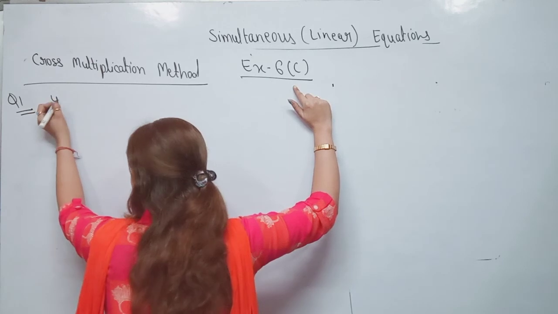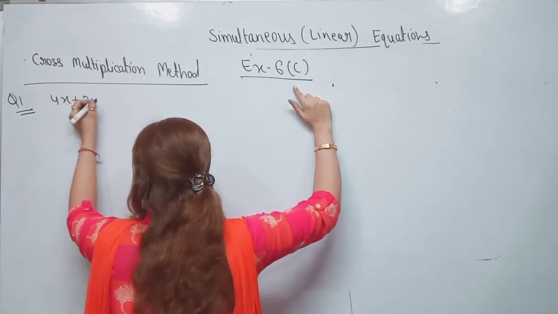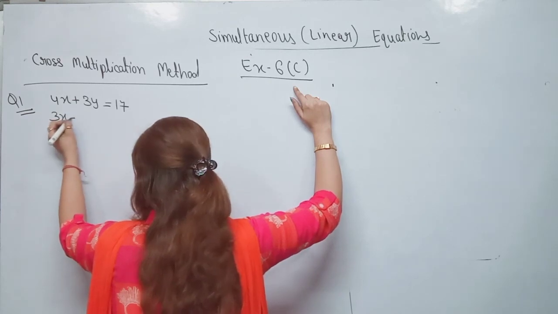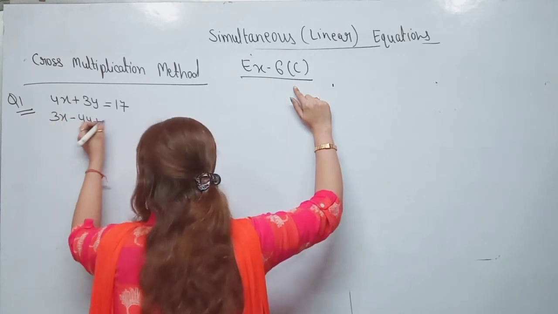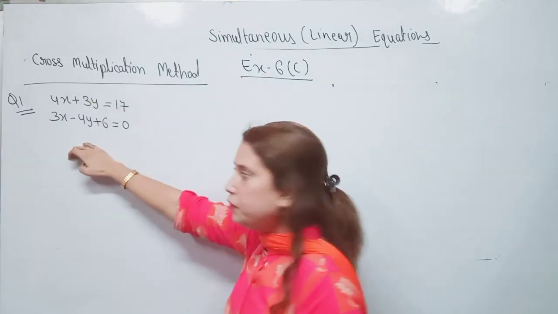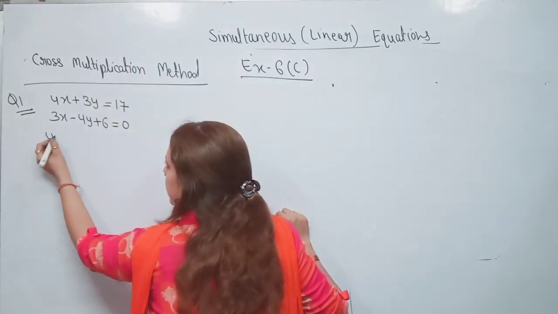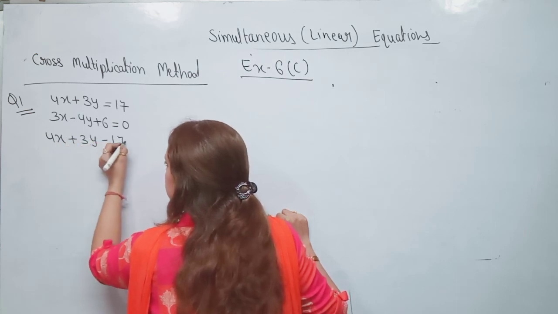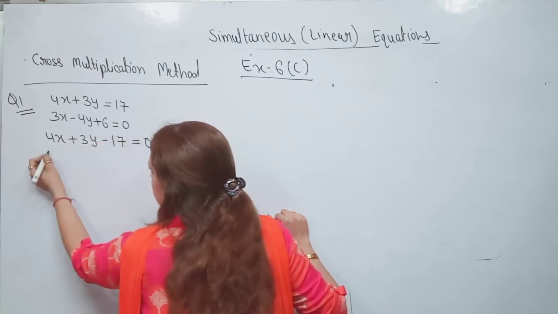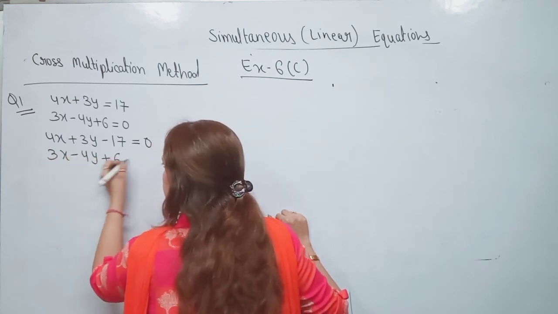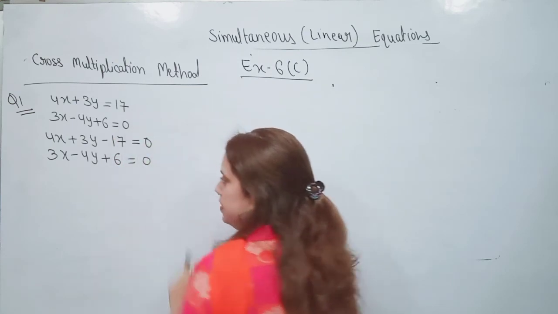It is 4x plus 3y is equal to 17, and 3x minus 4y plus 6 is equal to 0. So first we convert to standard form. It will be 4x plus 3y minus 17 is equal to 0, and 3x minus 4y plus 6 is equal to 0. It is already in standard form.